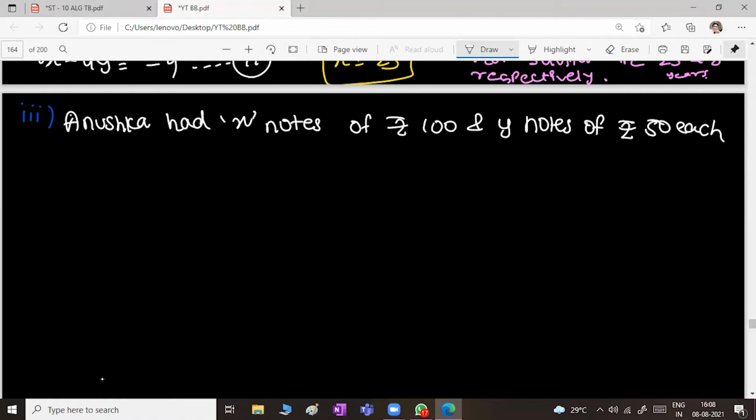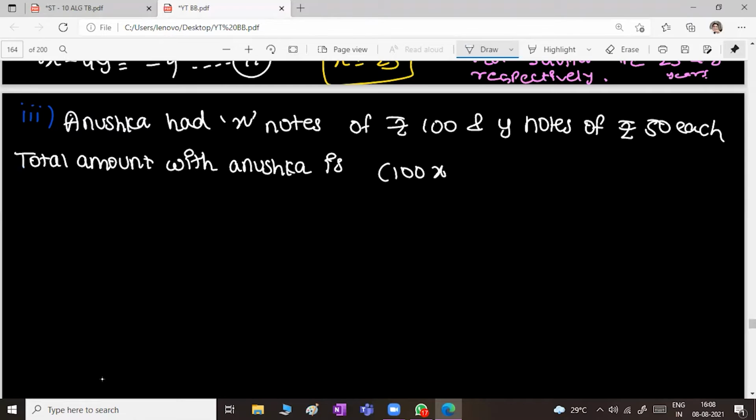Now the total amount with Anushka is 100x plus 50y rupees.